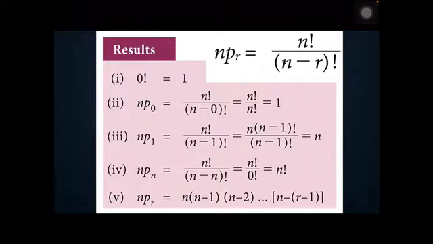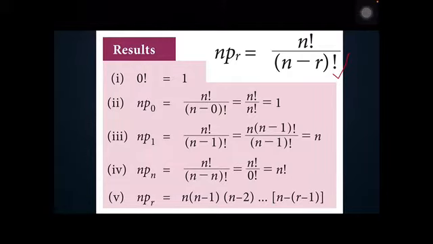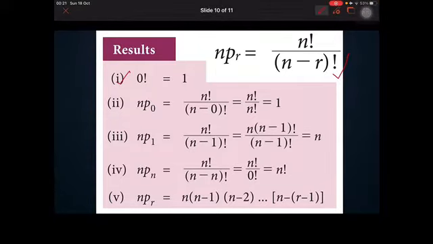These are a few important results. This is the formula for permutation: nPr is equal to n factorial divided by n minus r factorial. With this formula, we'll derive the following 5 results. Here first, 0 factorial is equal to 1 is result 1. Second, nP0: instead of r, I substitute 0 in this formula.